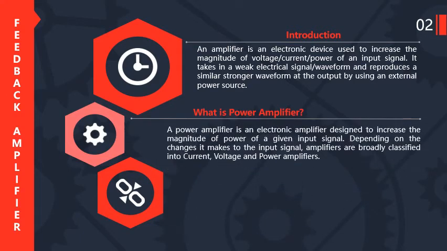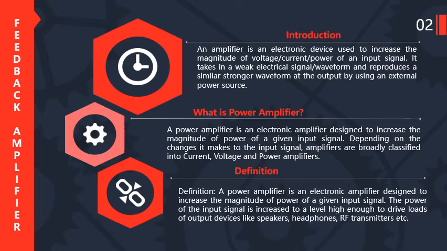What is a power amplifier? A power amplifier is an electronic amplifier designed to increase the magnitude of the power of a given input signal. Depending on the parameter of the input signal, amplifiers are broadly classified into current, voltage and power amplifiers.